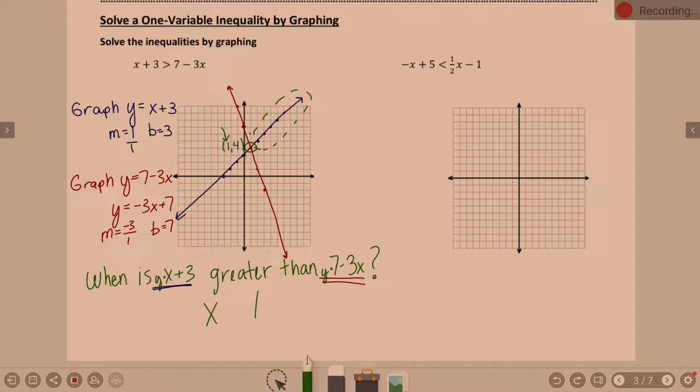So blue is smaller than red on the left of 1. And then when they cross through 1, they swap places. Now my blue line has greater values than my red line. Because it's to the right of our intersection point, we're going to say x greater than 1.